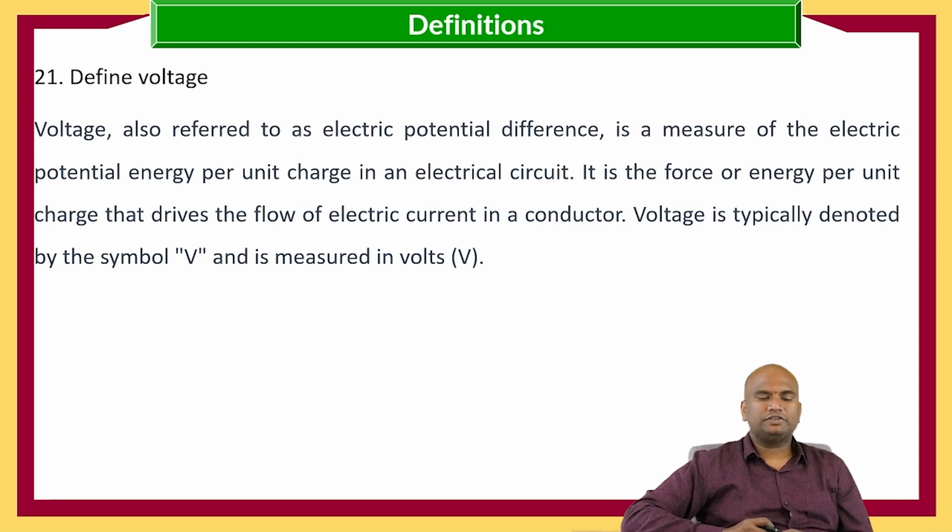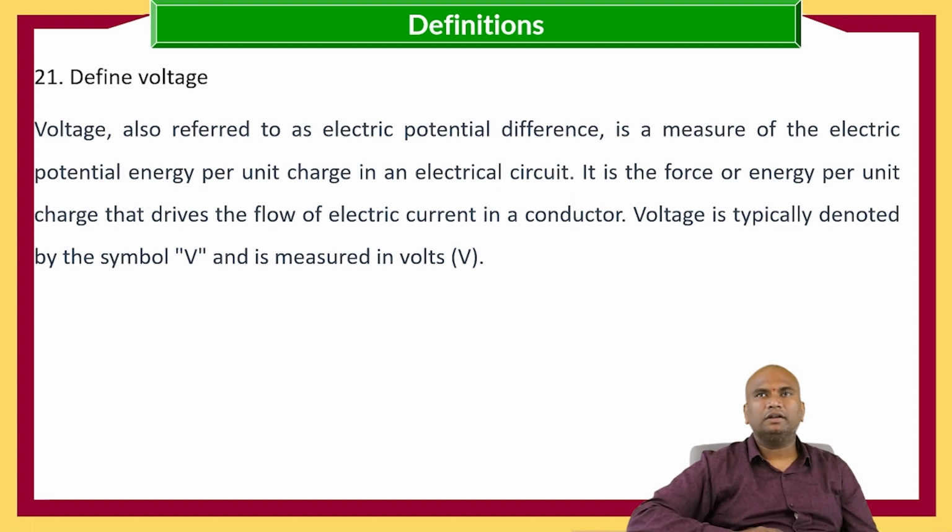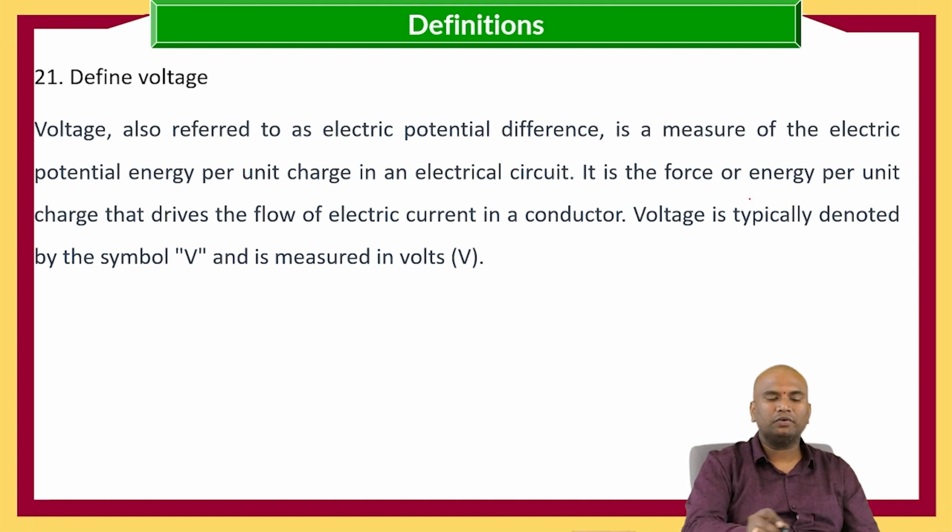Define voltage. Voltage is also referred to as electrical potential difference. It is a measure of potential energy per unit charge in an electrical circuit, and it is the force or energy per unit charge that drives the flow of electric current in a conductor.